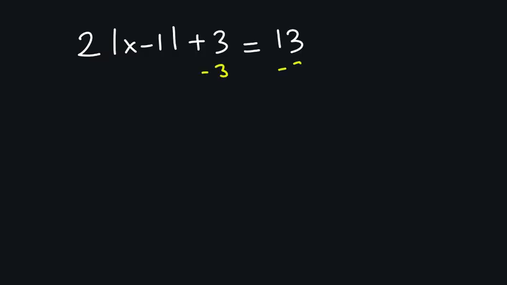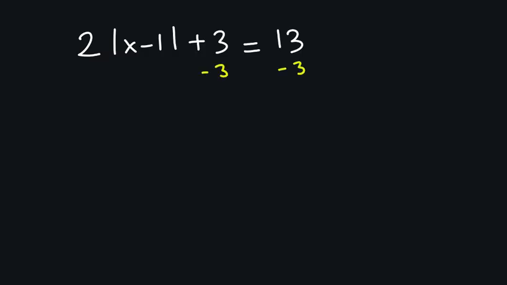Let's do one more. So let's say I have 2 times absolute value of x minus 1, plus 3 equals 13. So I can start by subtracting 3 from both sides. Negative 3, negative 3.